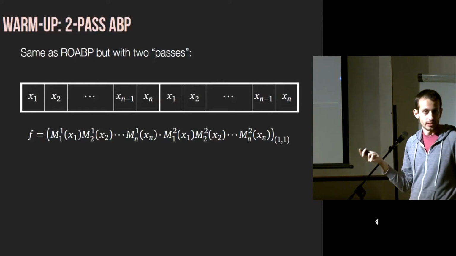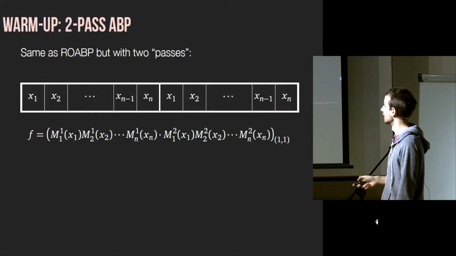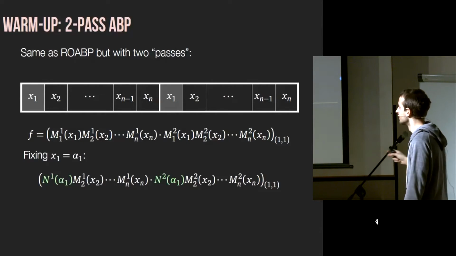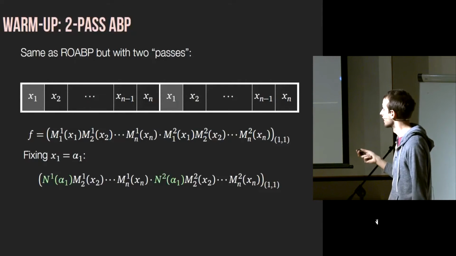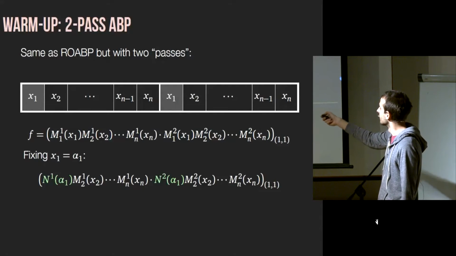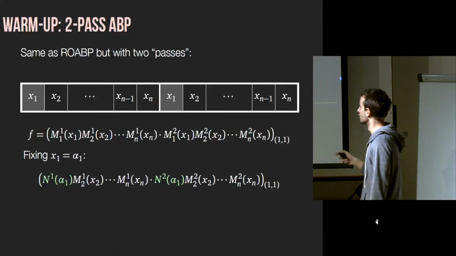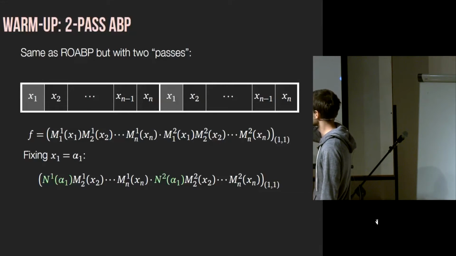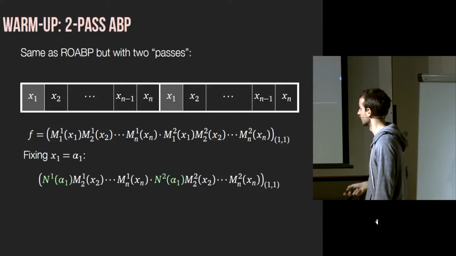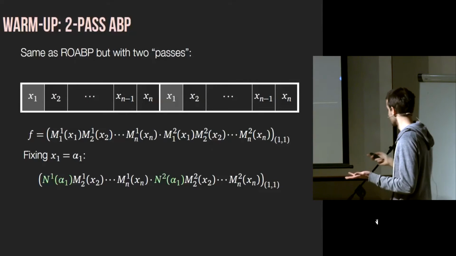And let's think how the evaluation dimension of such a thing can look. You fix x1 to some field element, alpha 1, and now what you get is the following expression. This is f restricted to x1 equals alpha 1. Instead of M, you have some constant matrix N, which only depends on alpha 1, and then you have the rest, which stays the same.